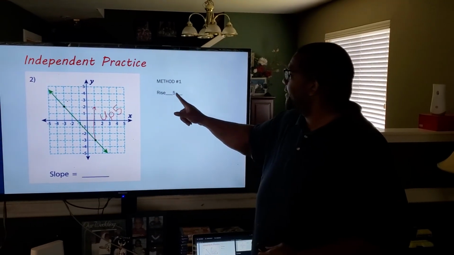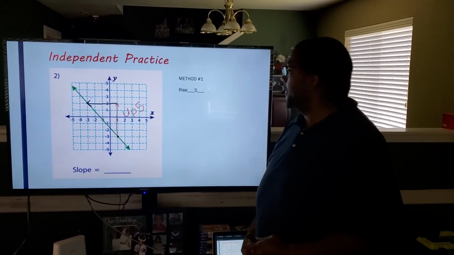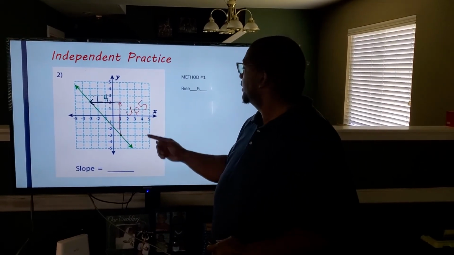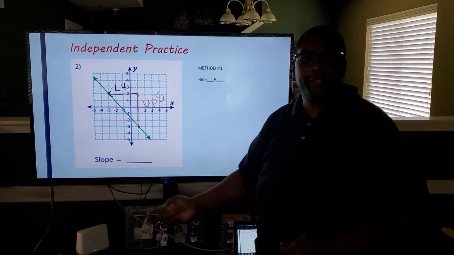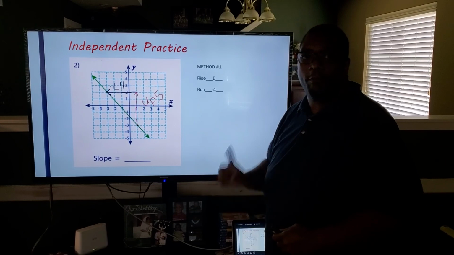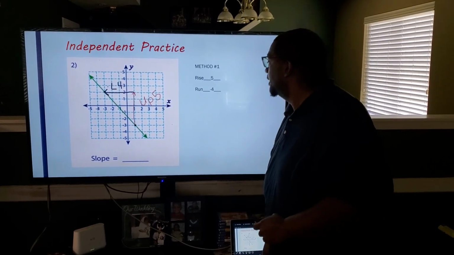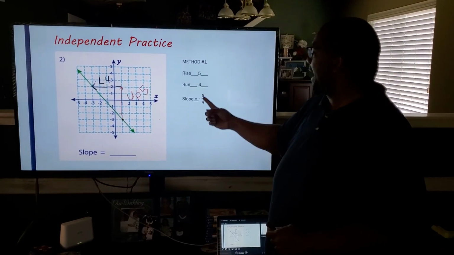So our rise is a positive 5. Then we went left 4. If we move 4 to the left, what integer is that? That represents a negative 4. Our slope is still -5/4.